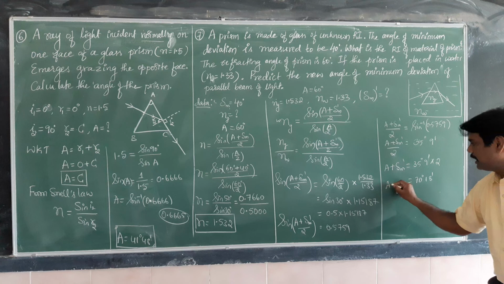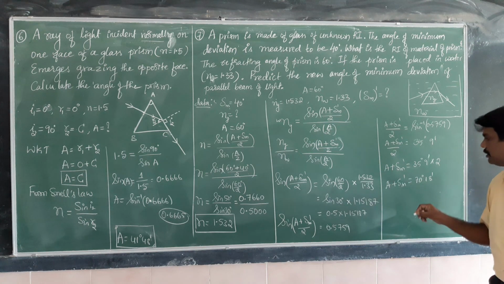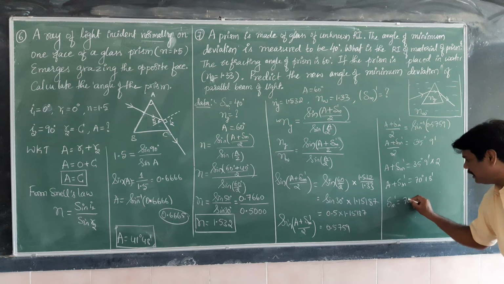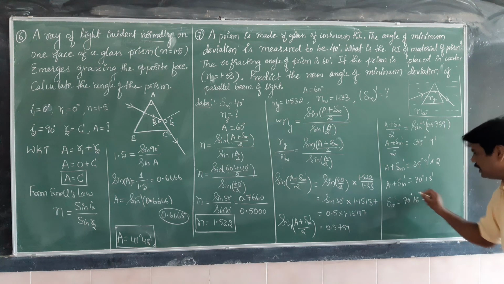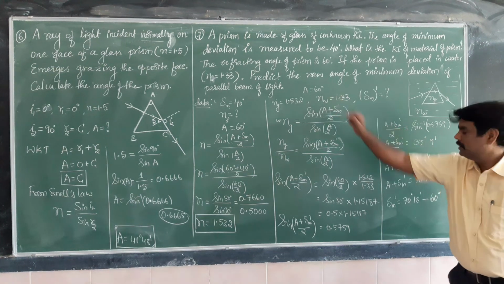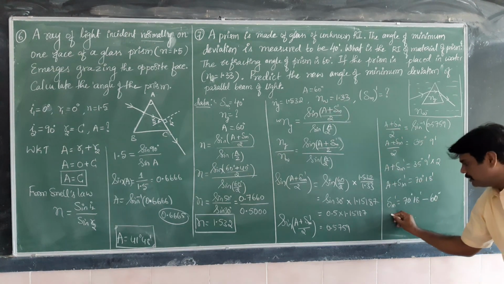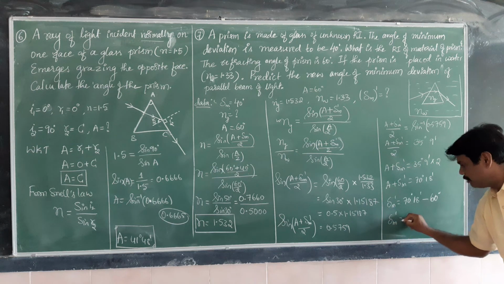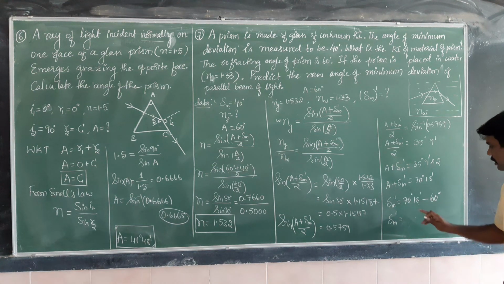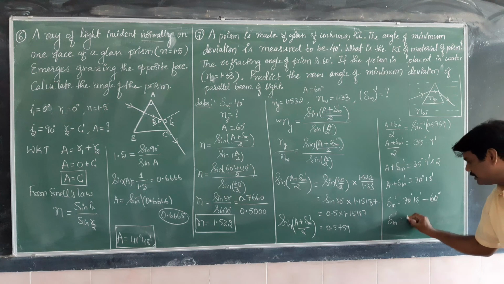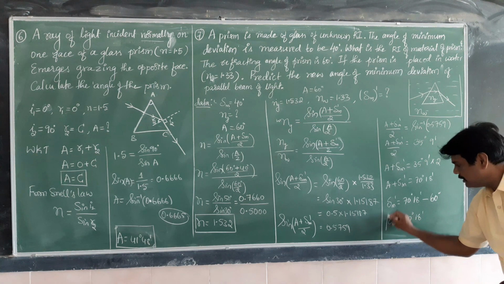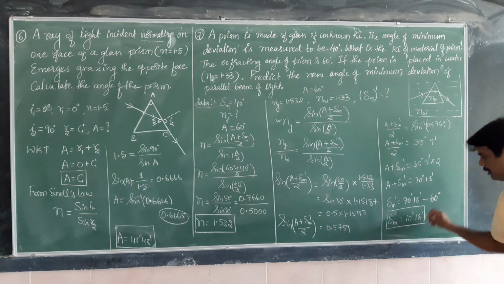This is for A plus delta m dash. I want delta m dash. Delta m dash is equal to 70 degrees 18 minutes minus A. A is how much? 60 degrees, according to the given data. Then the new minimum deviation becomes: 70 minus 60 is 10 degrees, 18 minus 0 is 18 minutes only. The answer is 10 degrees 18 minutes.